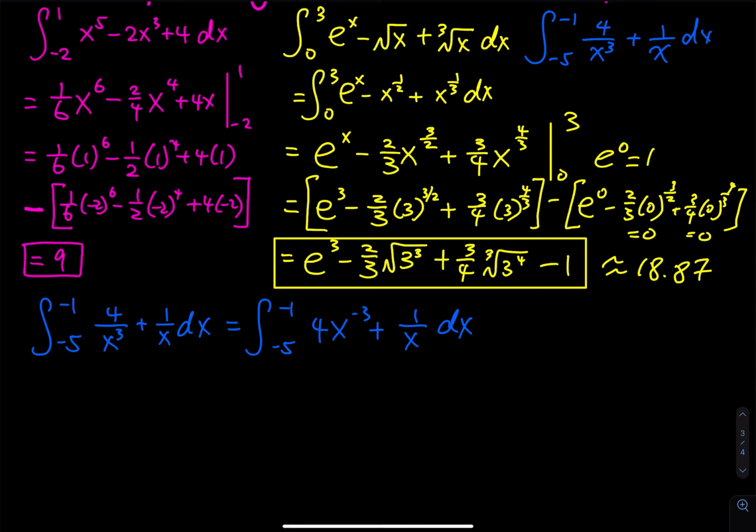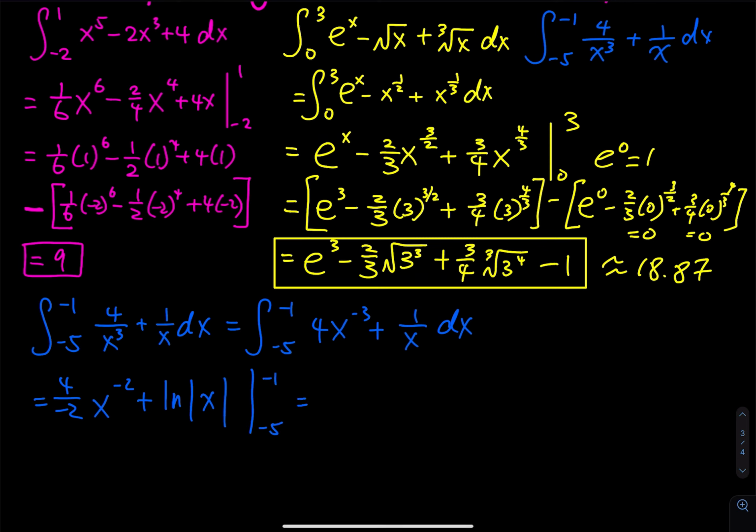So this is equal to x, -3 plus 1 is -2, and then you have 4 divided by -2, and then plus the integral of 1 over x, not a power rule. This is ln absolute value of x. The absolute value is not optional, because if you put a negative x in there without the absolute value, the ln will be undefined.